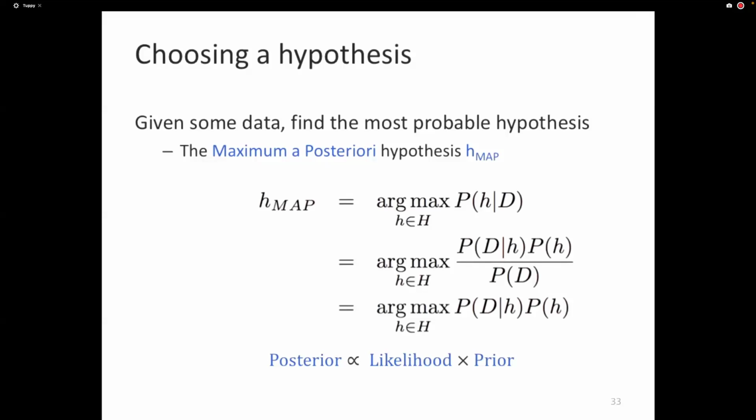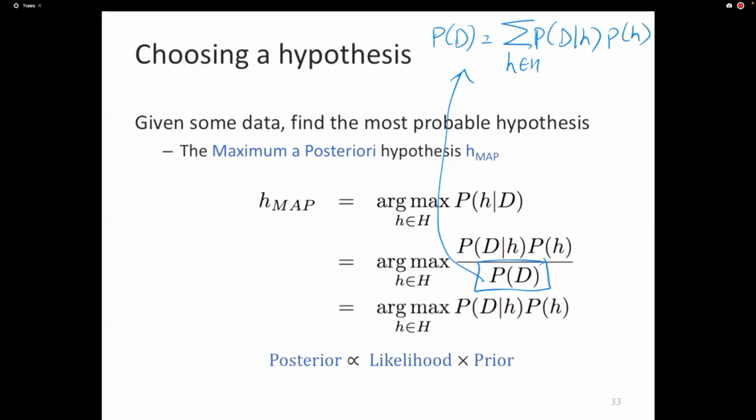Just to make this technically correct, this denominator, P of D, is nothing but the sum over all the hypotheses of this expression there. It serves as the normalizer.